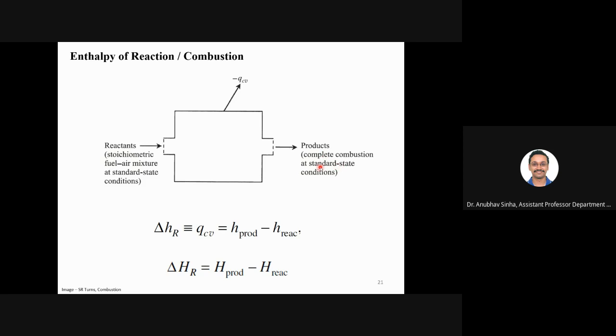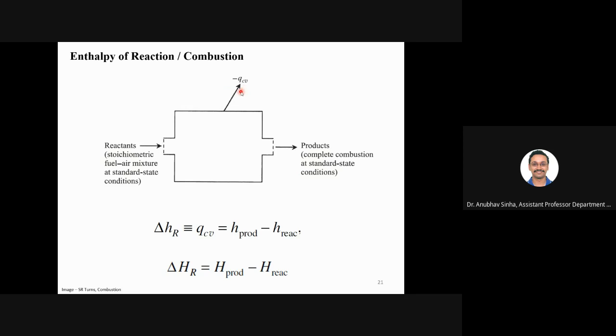Now how is that possible? You are burning something, so that will increase the temperature, right? How can I write standard state? Okay, let us go into that in the next slide. So basically what I was trying to highlight is that we are assuming that heat interactions, heat transfer, are also involved.